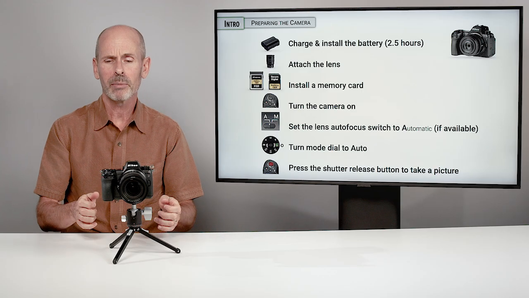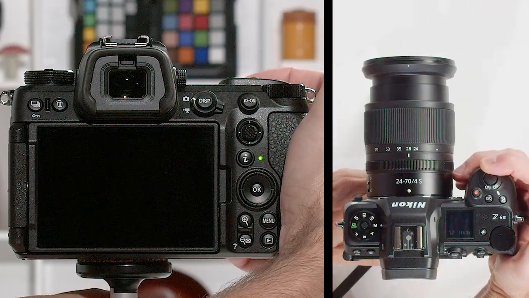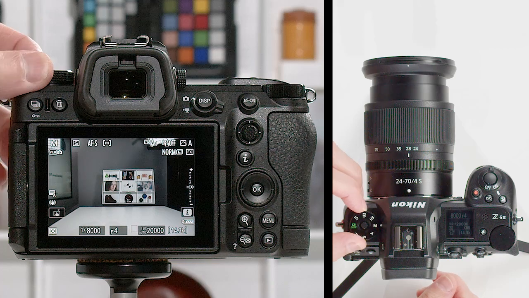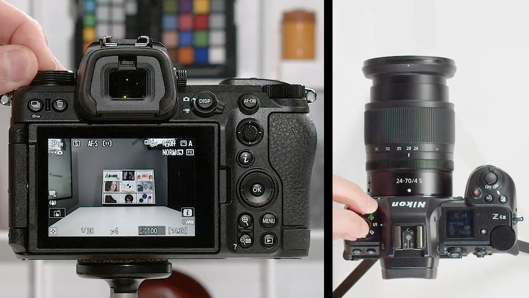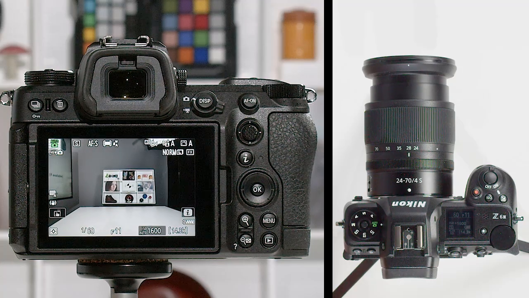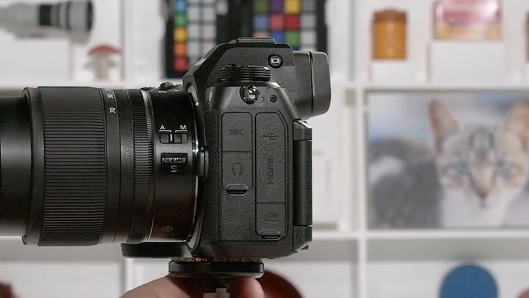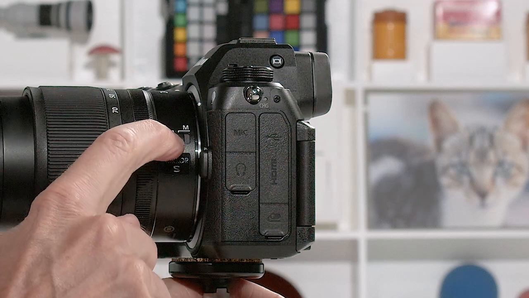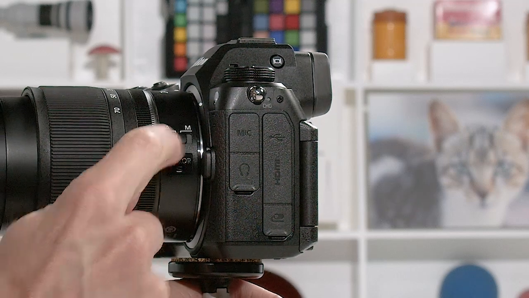So I'm going to get my camera set up. I'm going to turn the camera on right here. I'm going to rotate the dial. Now it does have a locking pin, so I need to press that in as I get it around to the full auto mode right there. Now over on the lens, this particular lens has an A and M switch, and this is for manual focus and autofocus.